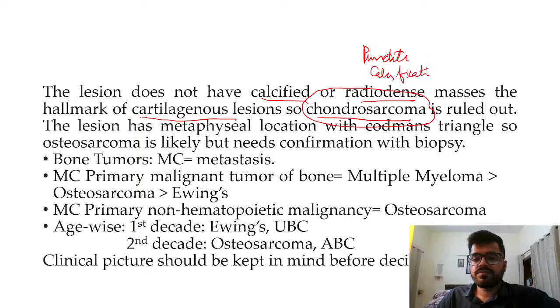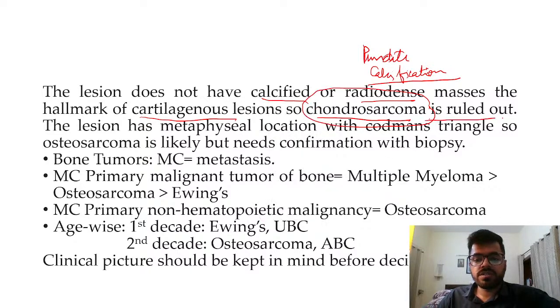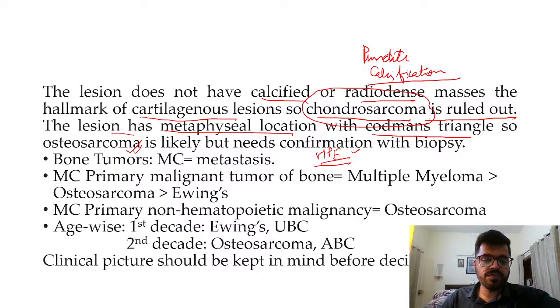So chondrosarcoma can be ruled out in this case. The lesion has a metaphyseal location with Codman's triangle. So it's most likely osteosarcoma, but definitely we need histopathology examination for confirmation of the diagnosis. It can be any malignant tumor.